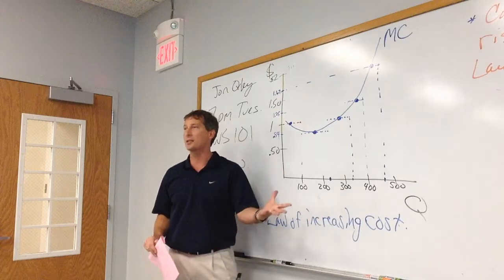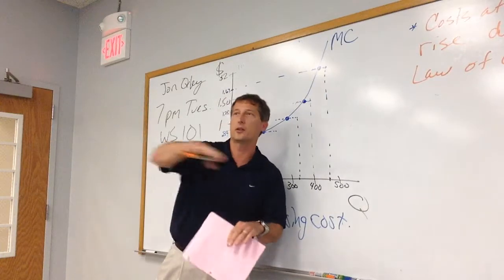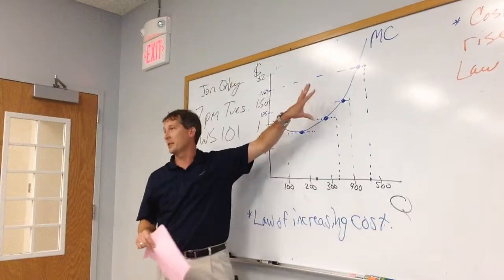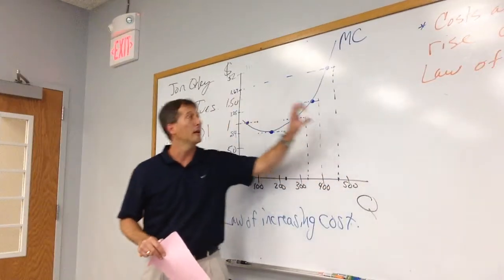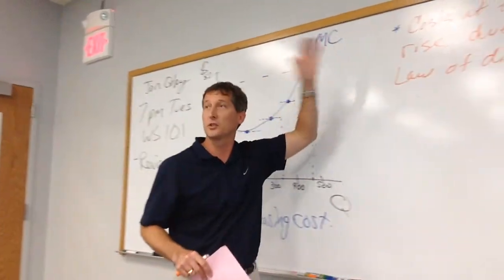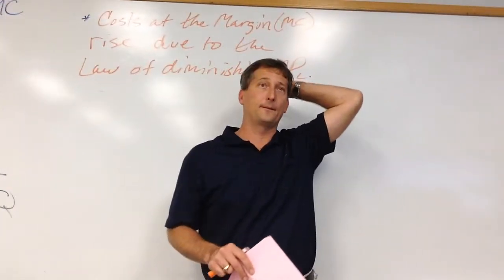That's much more costly is my point. And so no matter what's going on with that other cost, the law of diminishing marginal product is going to eventually overtake things and cause the cost of additional units to go up. All right, questions or comments there?